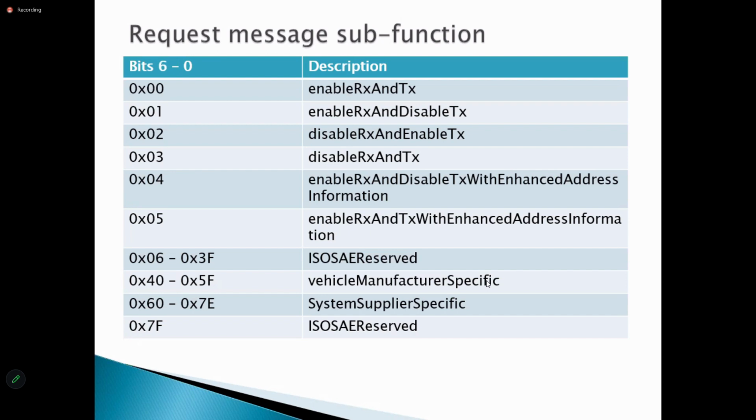Fine. So 6027 is system supplier specific and 7F is ISO SAE reserved. Is it clear, everyone? Yes, sir. Okay, good.